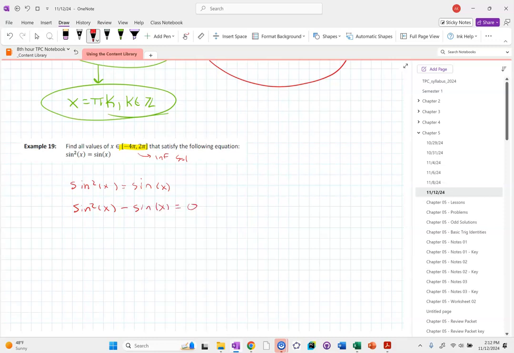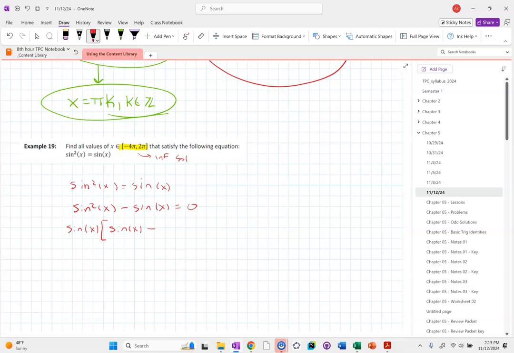And then we'll factor a least common multiple. What's the thing in common between sine squared x and sine x? Sine x, right? When I factor sine x out of sine squared x, what does that become? Becomes sine x, right?